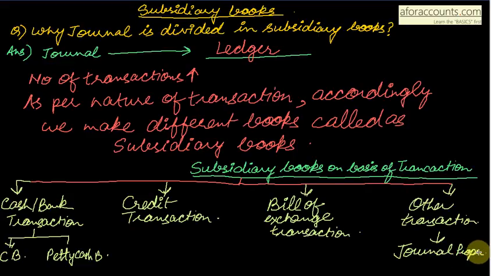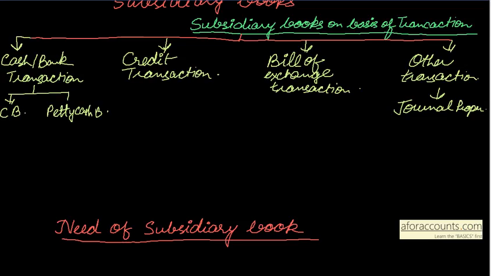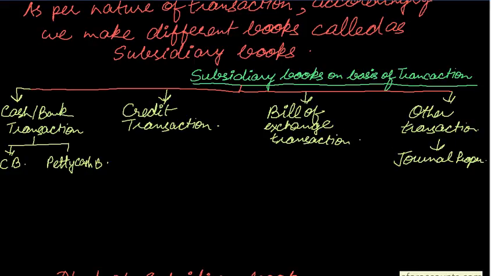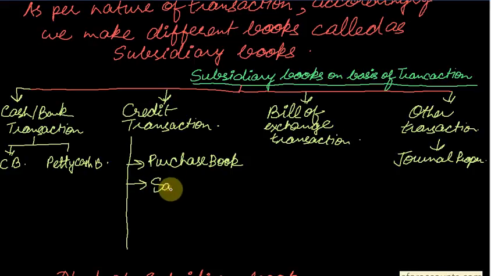So let's recap. See, subsidiary books on the basis of transaction. How will you divide them on the basis of transaction? If it is a cash or bank transaction, then cash book and petty cash book. If it is a credit transaction, meaning you will either make a purchase, so purchase book, or you will involve in credit sales, so sales book. Or if you purchase, then purchase return, so purchase return book.